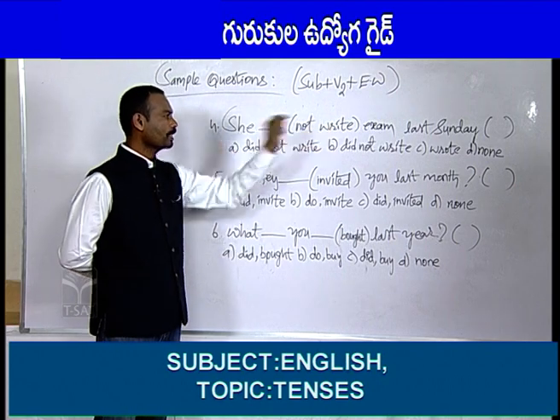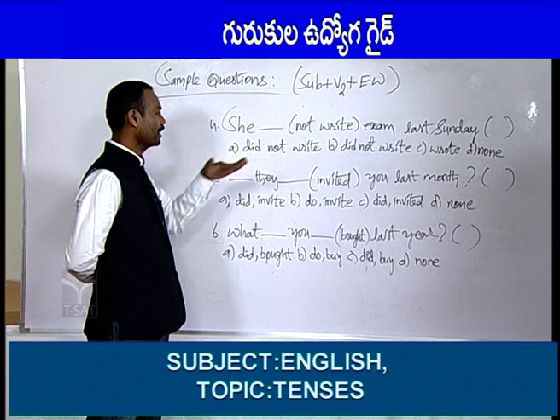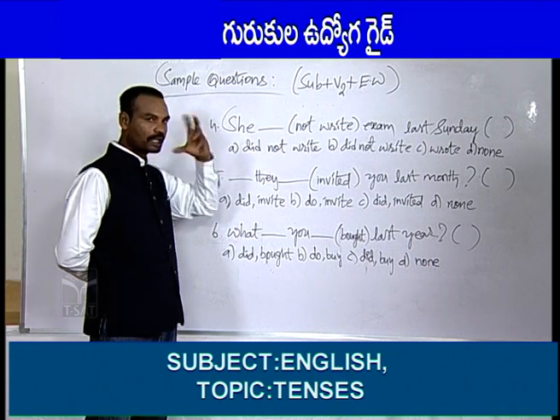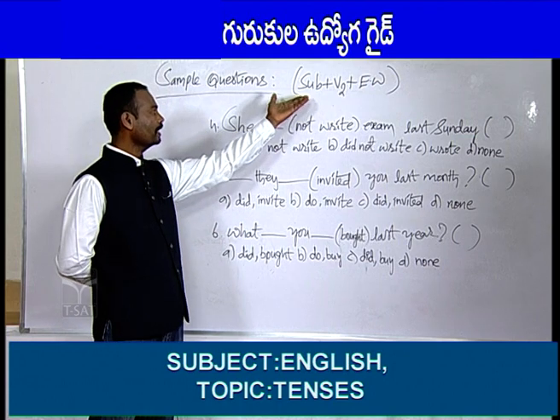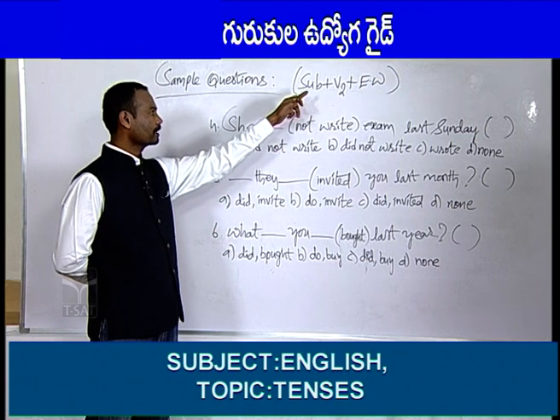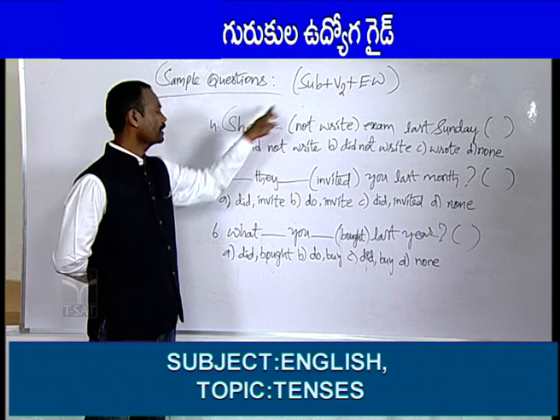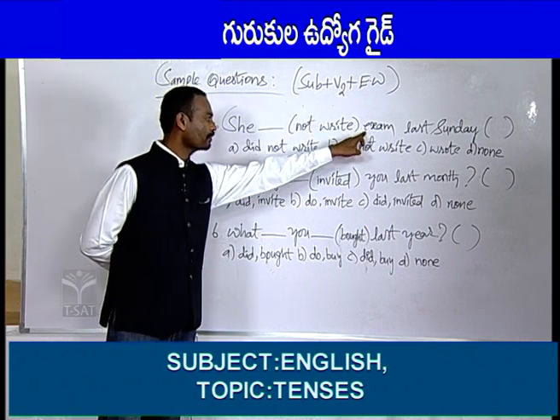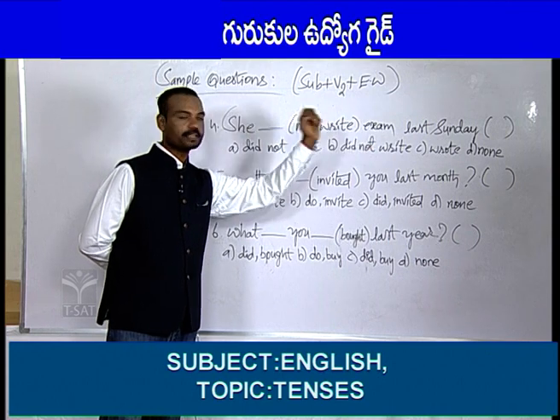Right, you came to know the tense name. After knowing the name of the tense, you should come to the subject. Then you should remember the frame of the tense: subject plus V2 plus extra words. Subject is there already. Next, V2 should be taken. Then extra words. From here to there, all these words are called extra words.